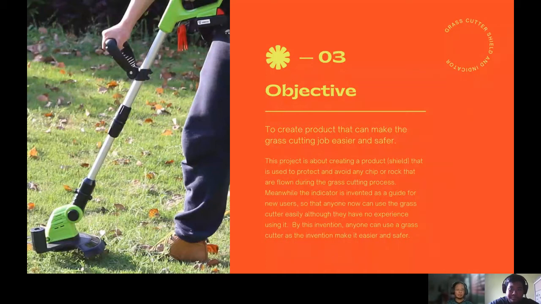Meanwhile, we added an indicator as a guide for new users such as women and younger people who have no experience using the grass cutter. With this invention, anyone can use the grass cutter easily and safely. They feel confident to use it because they do not feel danger and they feel it is easy to use.